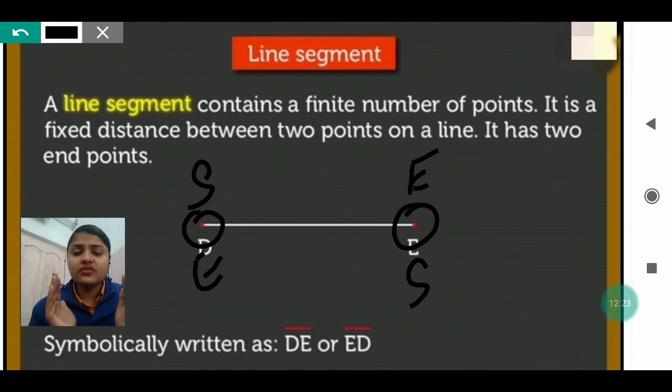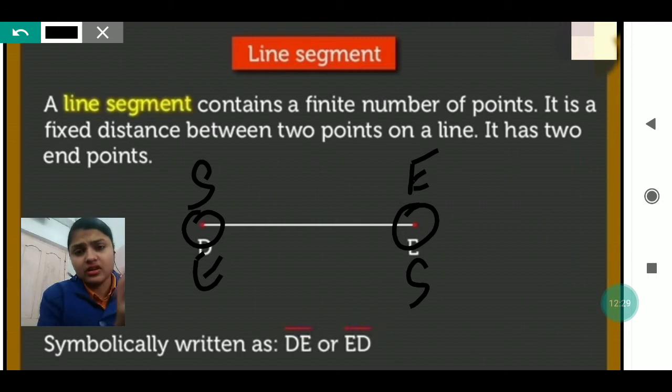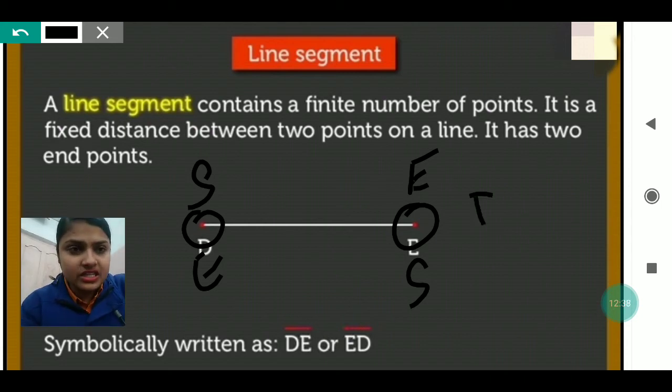It has a fixed length, and that is denoted like this: if you have drawn this line segment from D until E, you can name it as DE, and upside you will give this symbol.